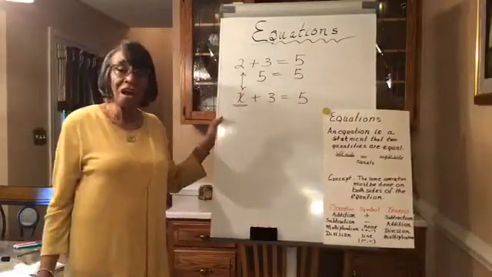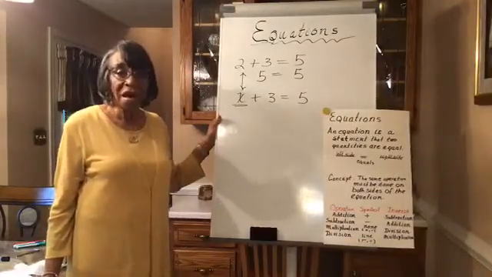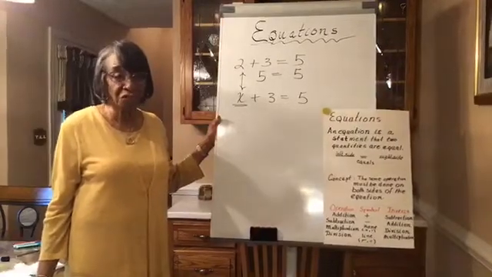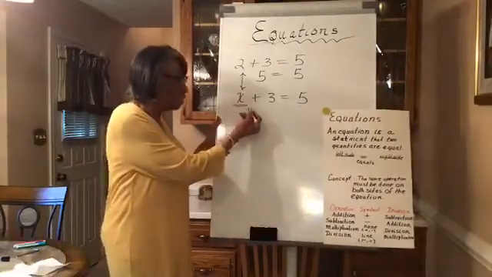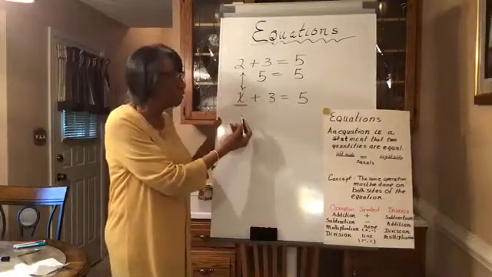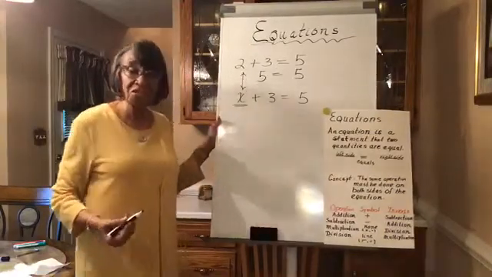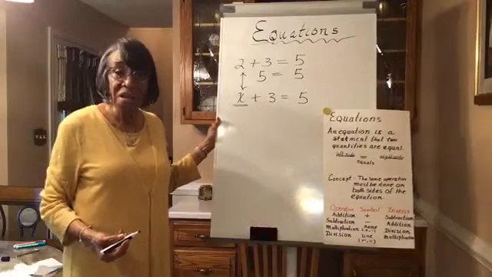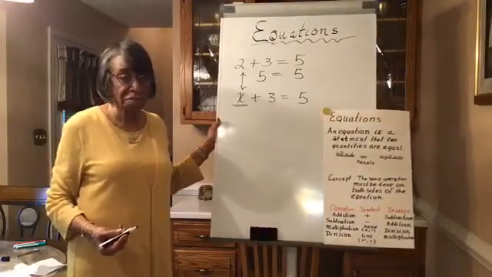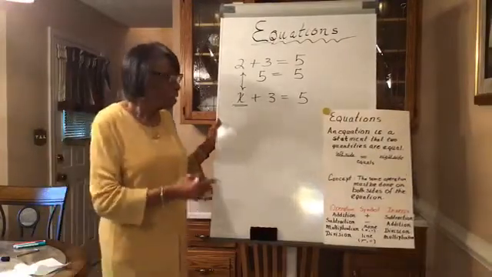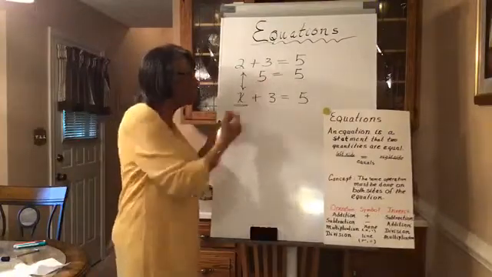But when you say solve an equation, you are not just giving me an answer. I did not solve this equation. I just gave you the answer. So today I want to teach you how to solve a one-step equation. Remember, both sides must be equal.